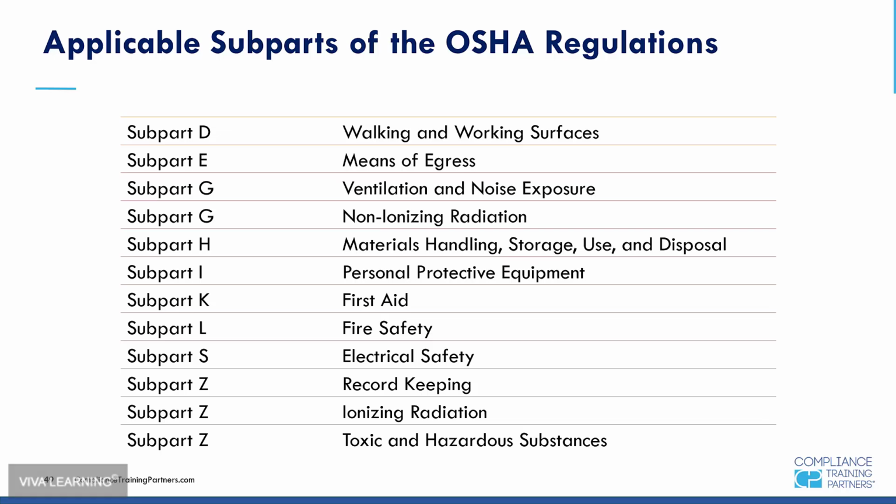And by the way, I just want you to know, we are making available to you on the learning site for this course an actual OSHA audit checklist and an infection control audit checklist.